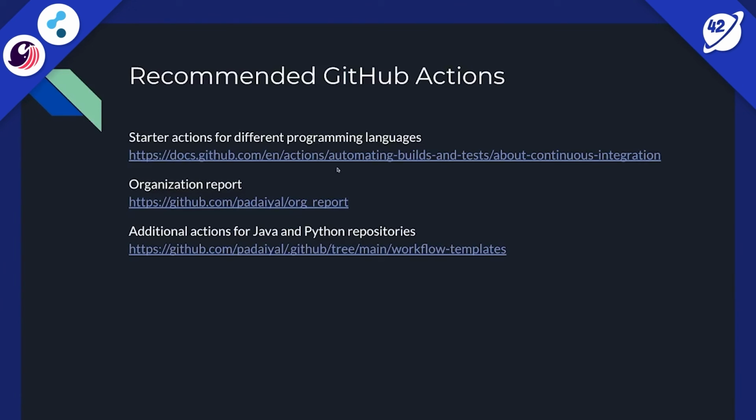So the first link over here has information on setting up starter actions for a variety of programming languages on GitHub. And the second link is to the organization report that I generate. You could always fork it, modify it as per your needs for your organization and go on. And I've also specified workflow templates for Java and Python repositories that we use in our organization.